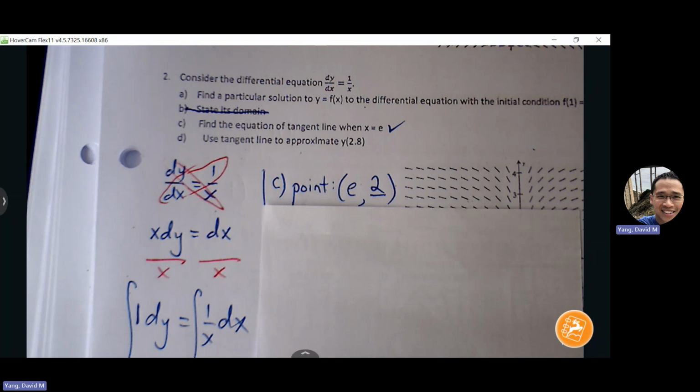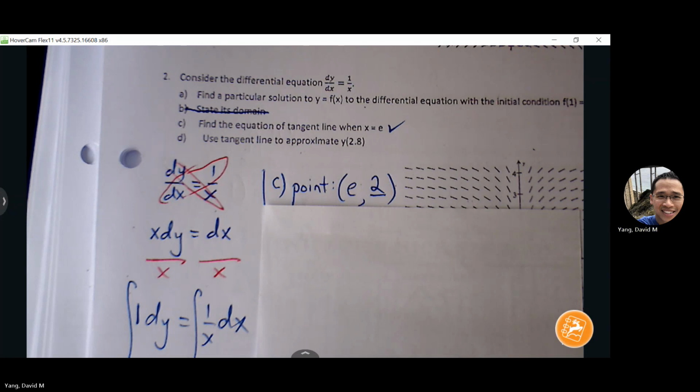We want the exact slope at this point. How can I find the exact slope? Do I have some sort of slope formula that we can use? The derivative. What's our slope formula? 1 over x. This one, right? dy dx, that's my y prime, that's my slope formula. It's given to us, so we can use it. So what's my slope going to be?